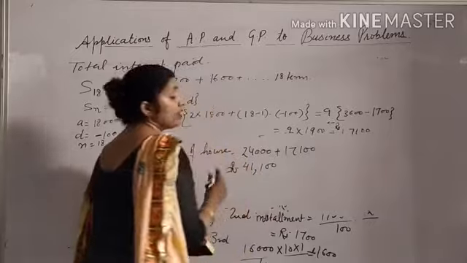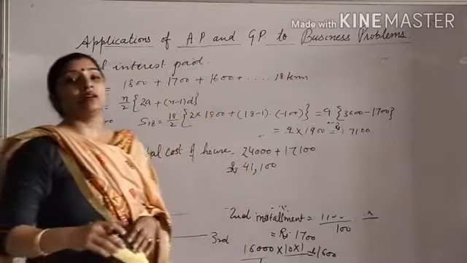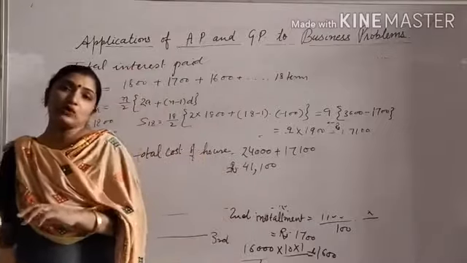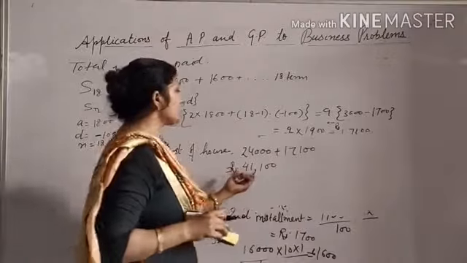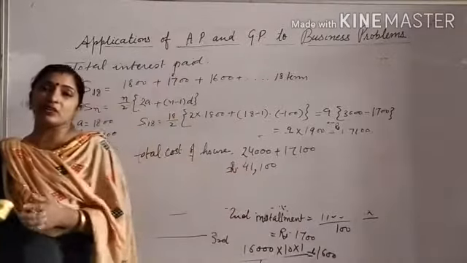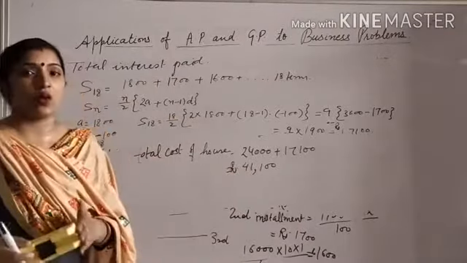So though the price of the house was 24,000, due to the installments and the interest, he paid rupees 41,100 to buy that house.